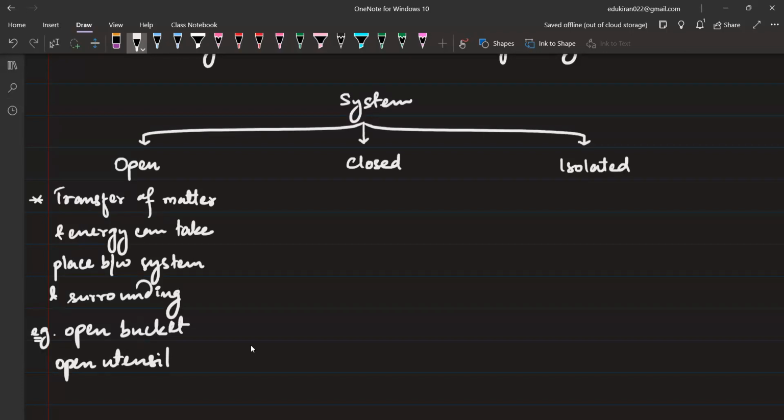Now in closed system, what can happen? Transfer of energy or heat, है ना? Energy can be transferred in the form of heat, right? Transfer of energy or heat is possible.